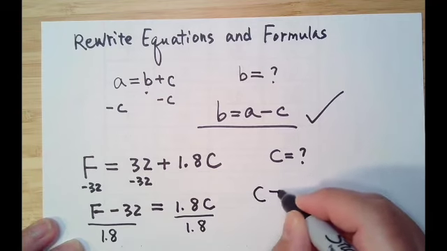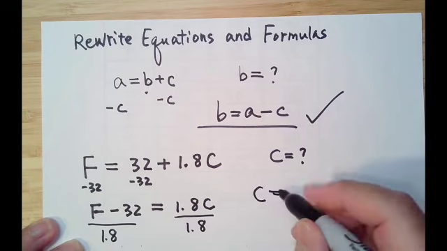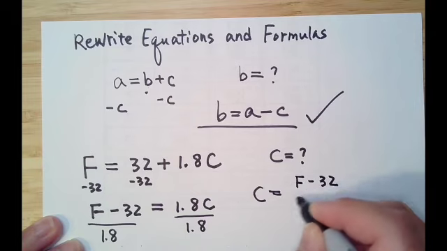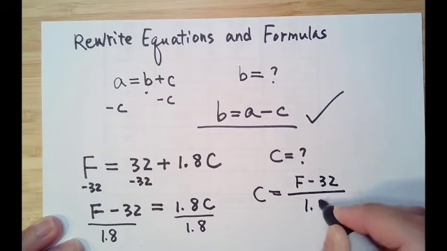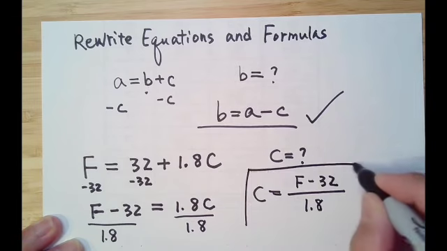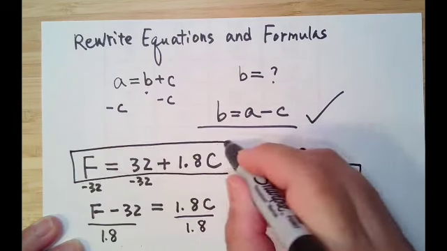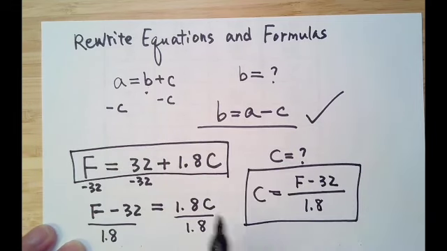Therefore, C equals, I switch the side, okay? Equals F minus 32 divided by 1.8. See? You get a new formula. This is the given formula or equation. We use C to calculate F. We rewrite that so we can use F to calculate C. Is that a good example? Yeah.